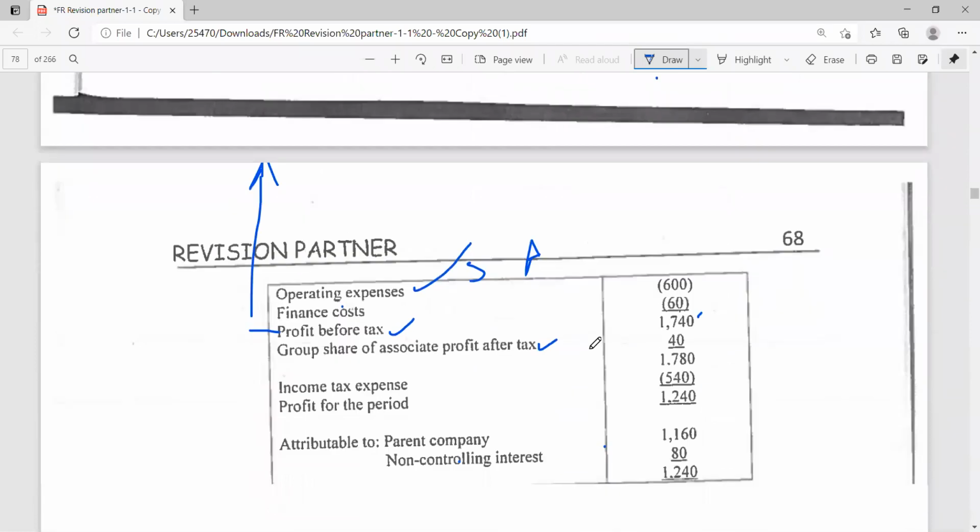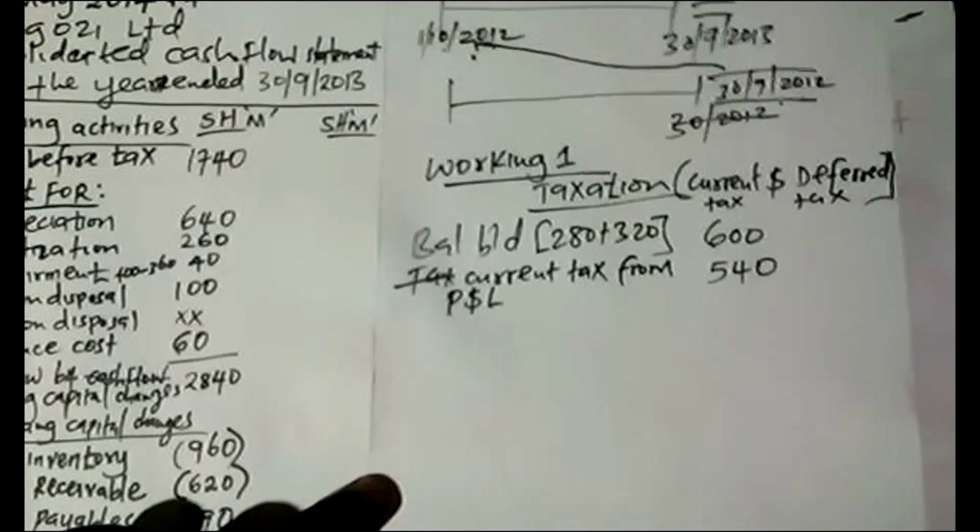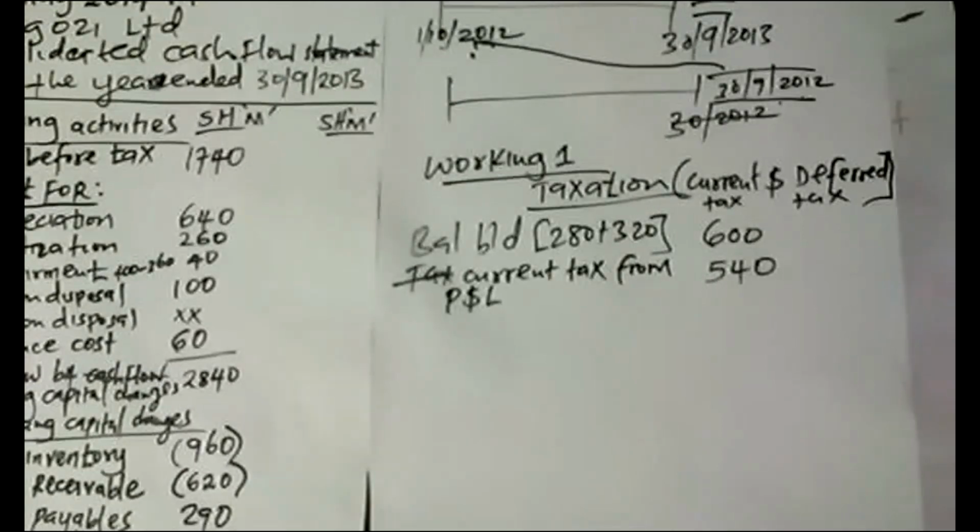There's a current tax here of 540. Yes, it's 540 there. So the income tax expense from the income statement, the 540, you add. So 600 plus 540, that is 1,140.